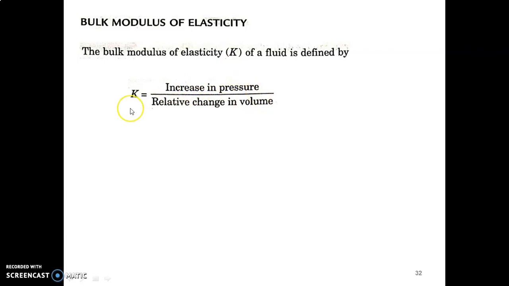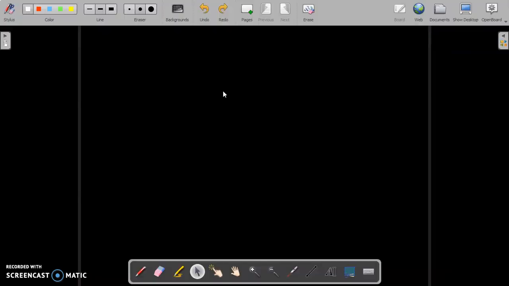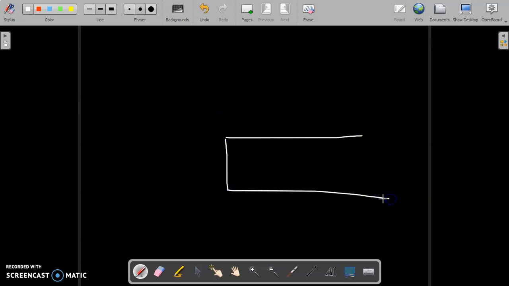Now, this expression can be well explained with the help of a diagram. So, let us go to the open board. We will consider a cylinder piston arrangement. So, we will draw a cylinder. This is a side view of the cylinder.